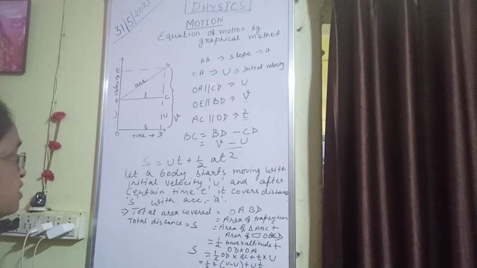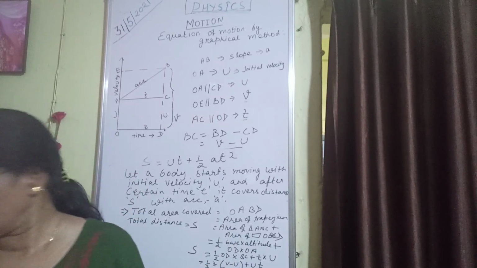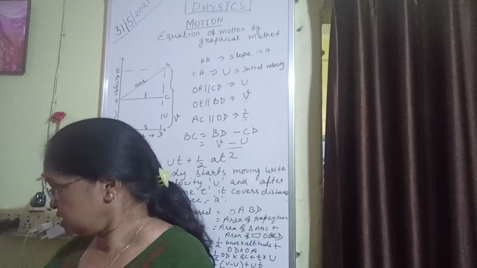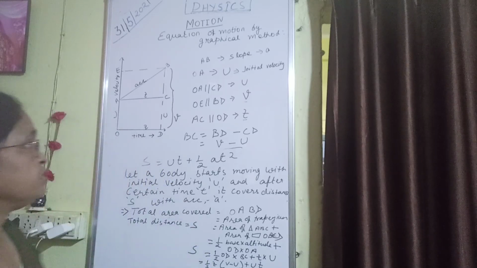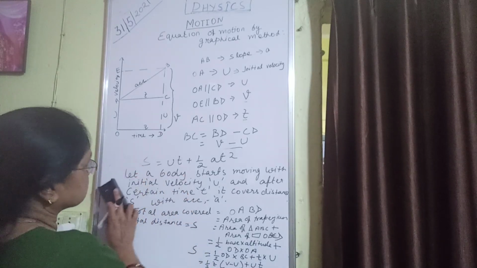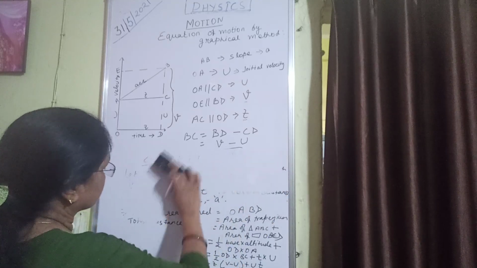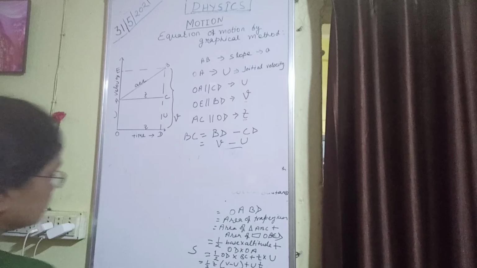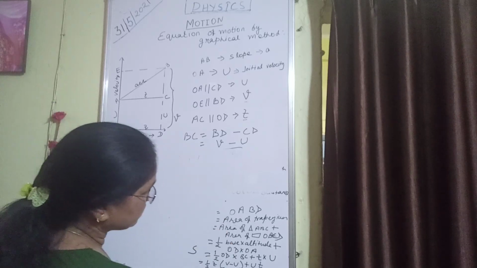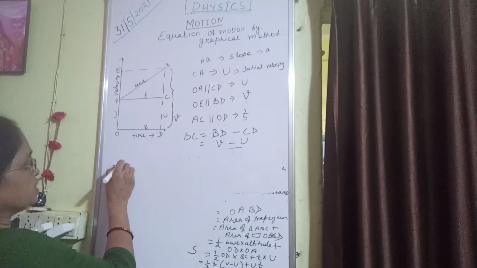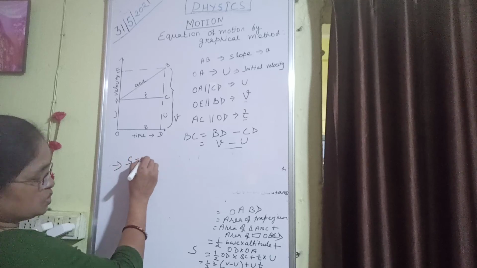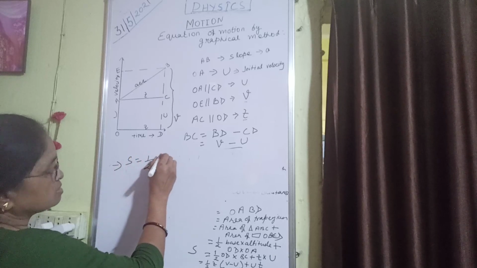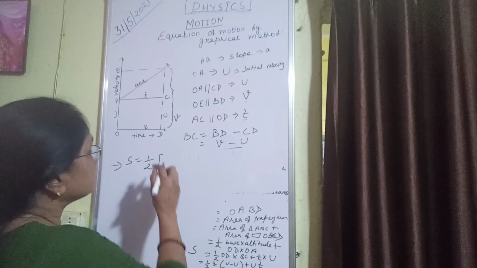So from the first equation of motion, now students, I am wrapping up the first part. See this, up to here we have done. Now I am starting from here. S is equal to half T into (V minus U).